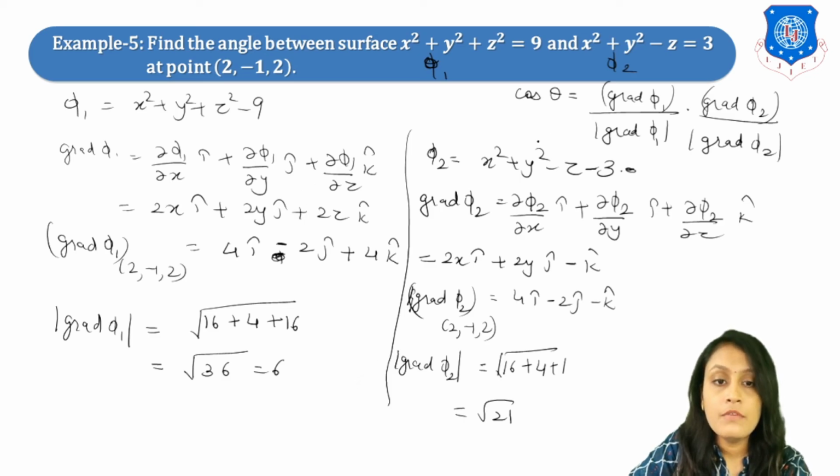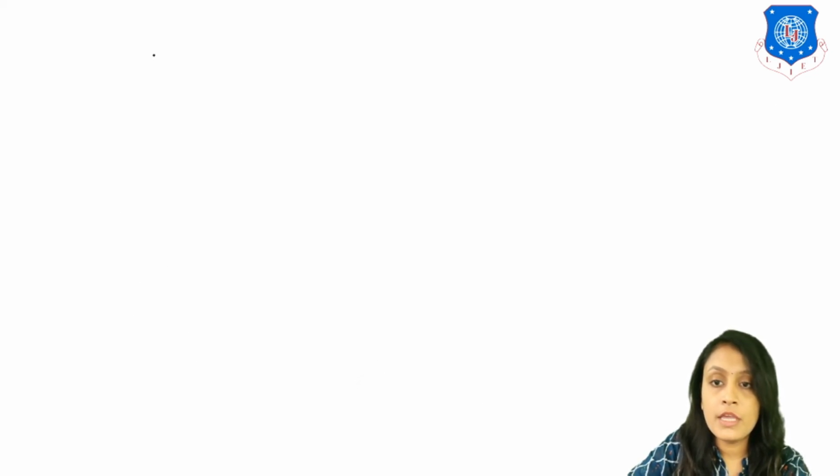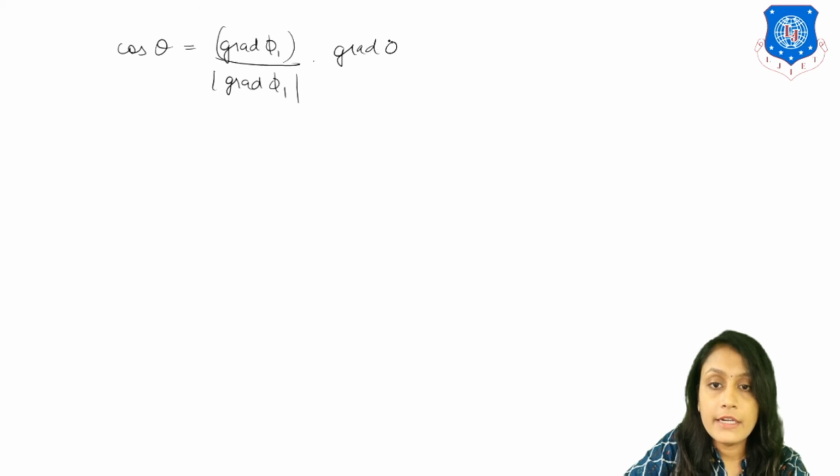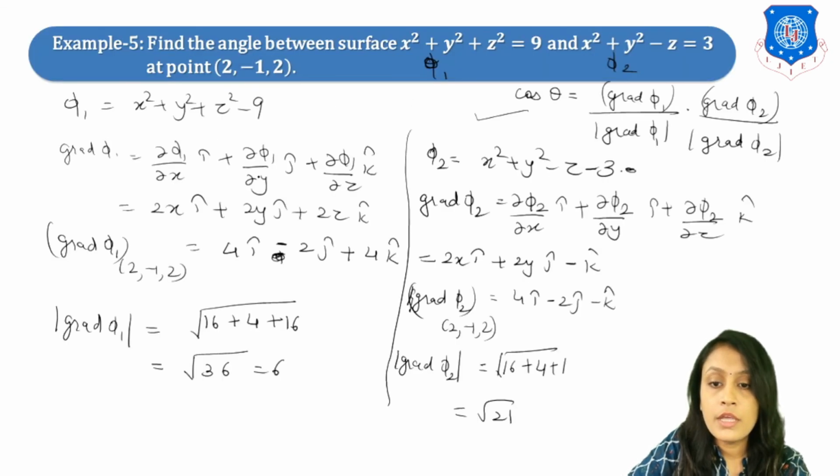Now we will use this formula. So what is the formula? Cos theta is equal to grad phi 1 upon its magnitude into grad phi 2 upon its magnitude. Now just substitute the answers. What is the answer of grad phi 1?